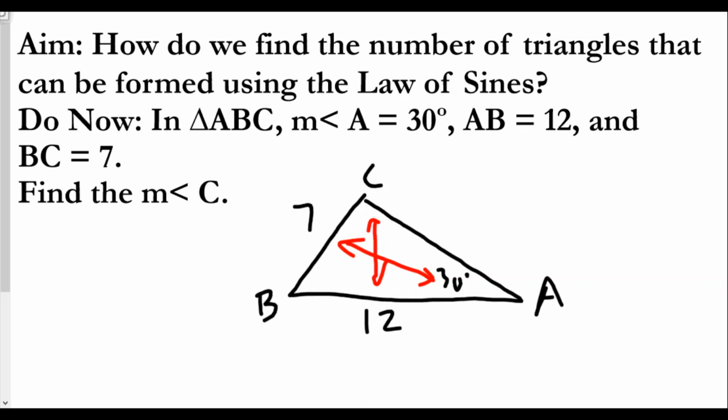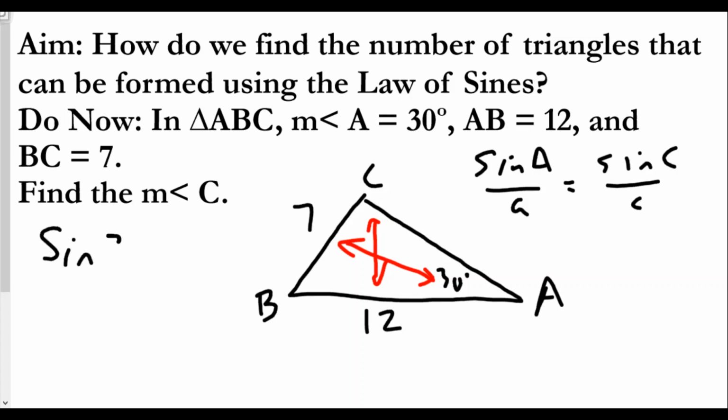Okay, so we're going to use, in this case, the sine of A over a equals the sine of C over c. All right, and so we'll set up our proportion. So the sine of 30 degrees over 7 is equal to the sine of C over 12.